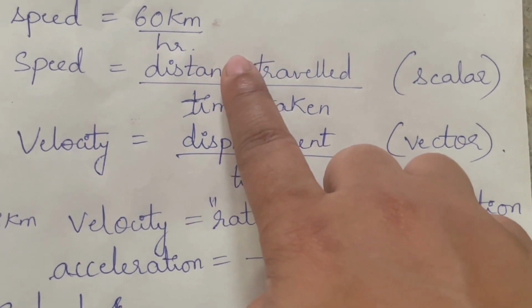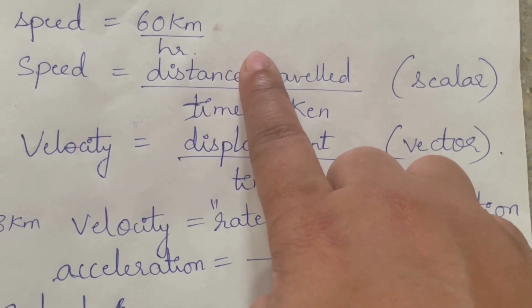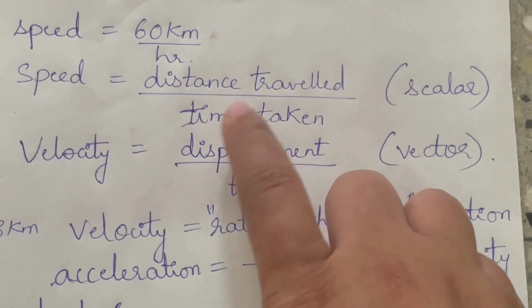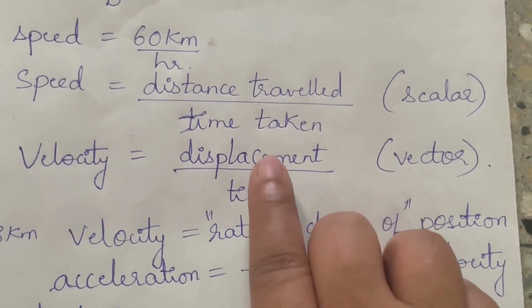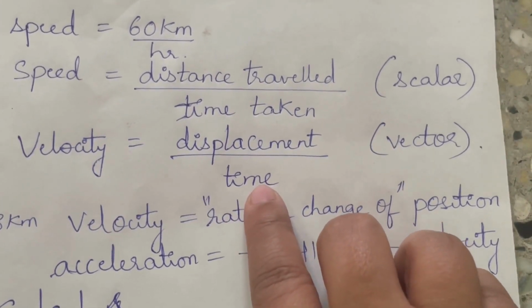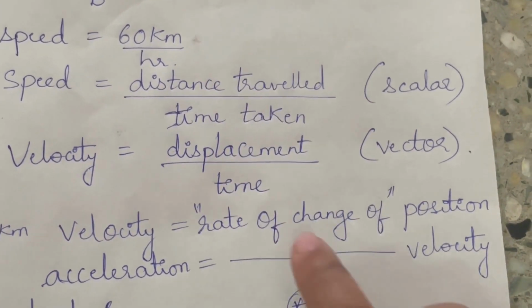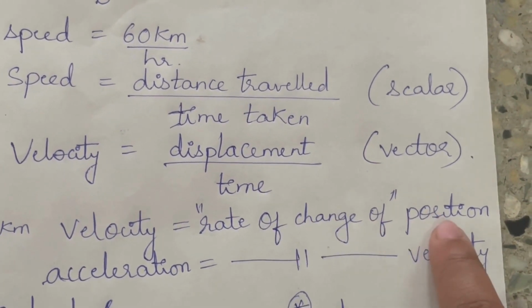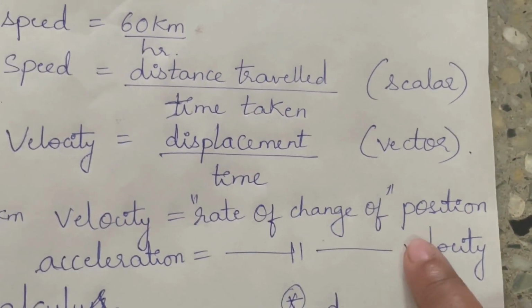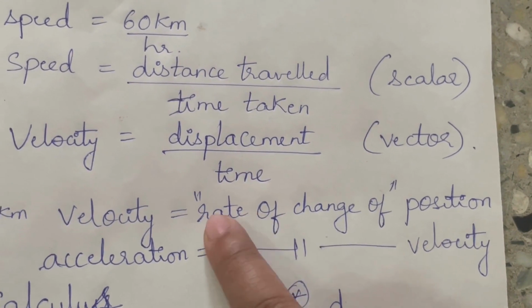Here we are seeing this is distance travelled divided by time taken. This is displacement divided by time taken. So whenever we are measuring for each unit of time, for 1 unit of time, what is the change of position? When we measure with respect to time, we say rate of.